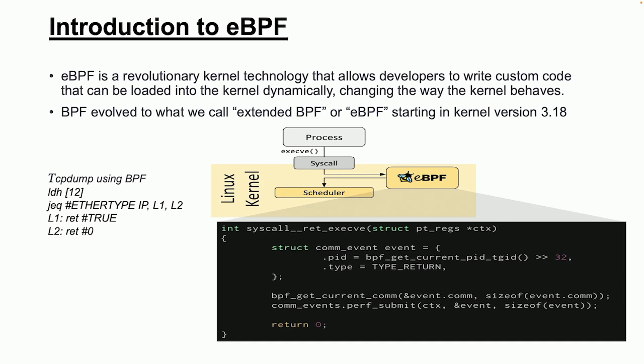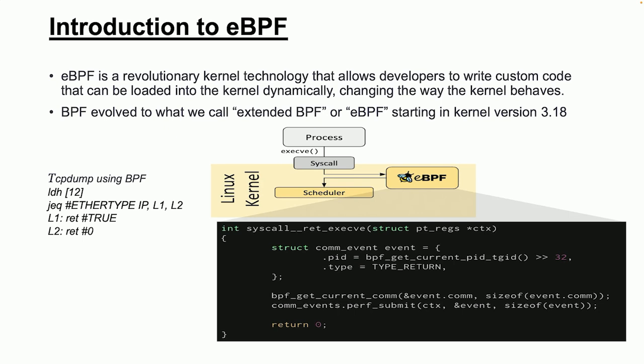Here is a simple example where tcpdump is trying to filter IP packets. However, later this technology was extended to other subsystems also, for example security and observability. Since we are hooking into the kernel, we can hook certain code there and observe what is happening.